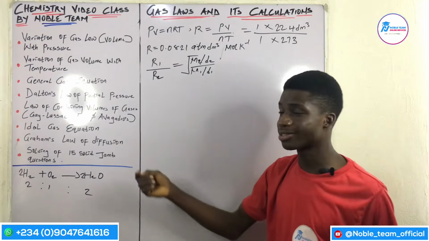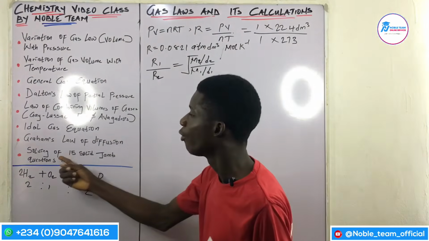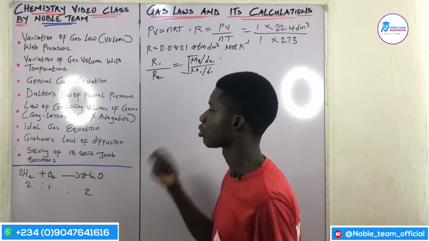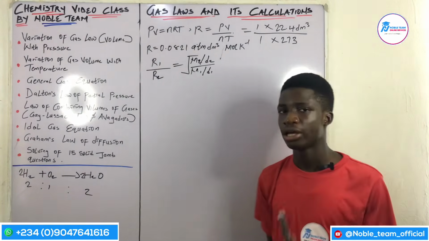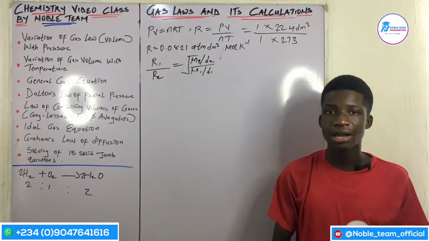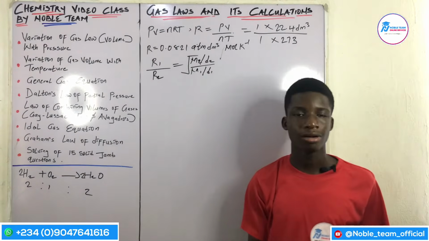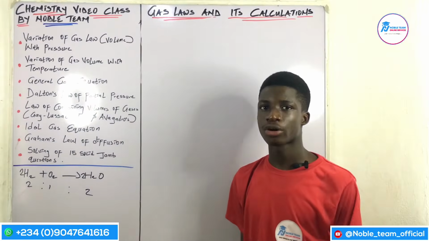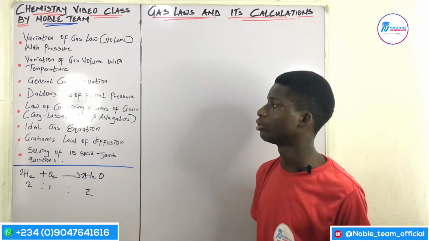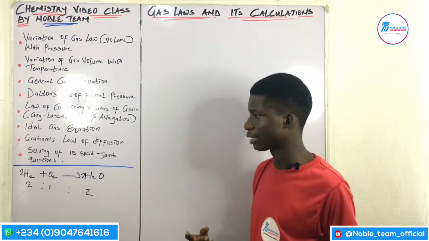This is the next thing we want to look into, solving 15 solid JAMB questions. Now let's solve questions. Make sure you get your pen, your biro, and your calculator, because you'll be calculating alongside. Alright, now let's solve questions under what we have done, and make sure you pay maximum attention.